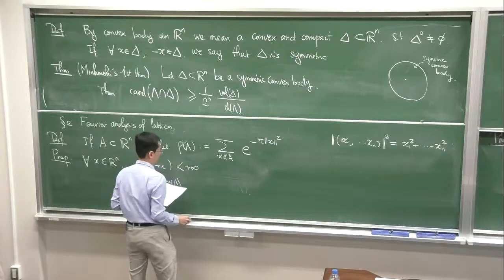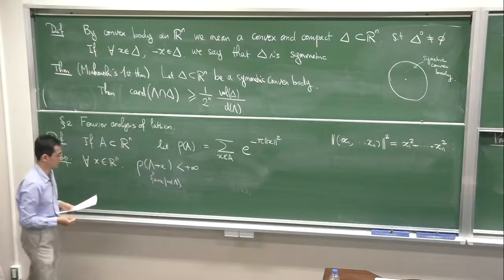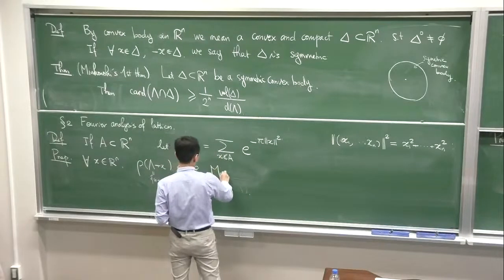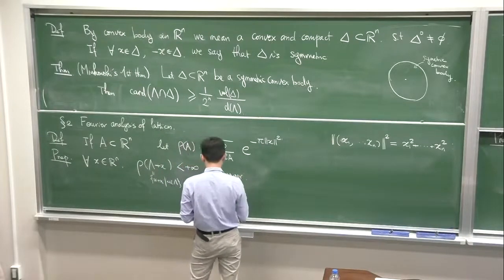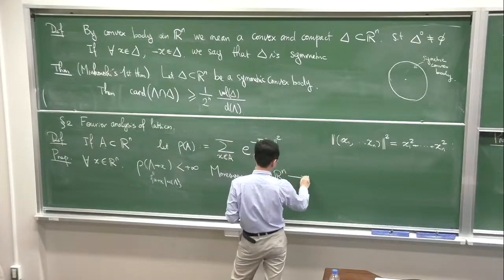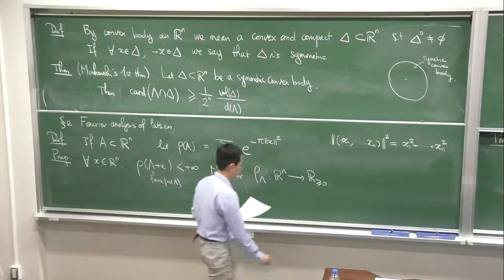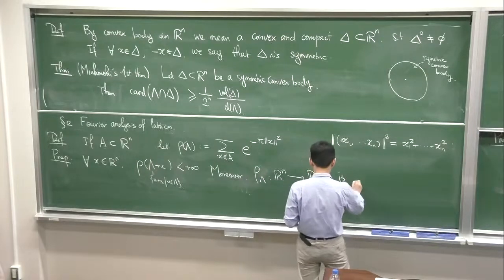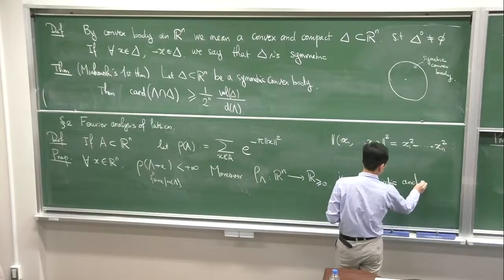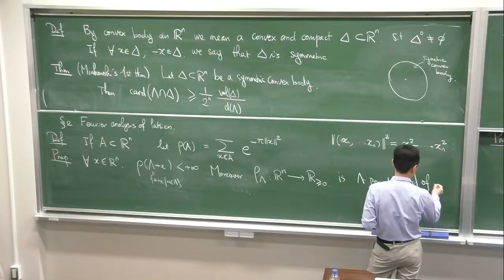This is always a finite sum; you consider this as a series, and the series will converge. Moreover, this is a very good function: rho of lambda plus x, as a function from R^n to R, is lambda periodic and smooth of class C infinity.